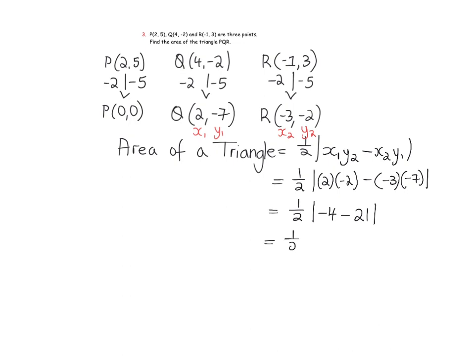So we'll get a half of -4 minus 21, which is -25. We have the modulus sign, so that's going to get rid of the negative sign, so it's going to be 25. And half of 25 is 12.5 units squared.